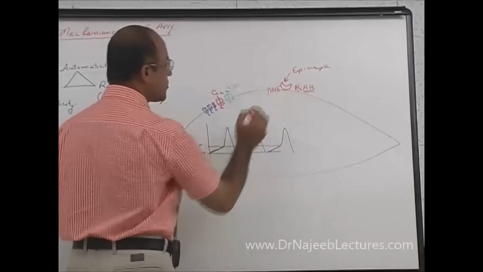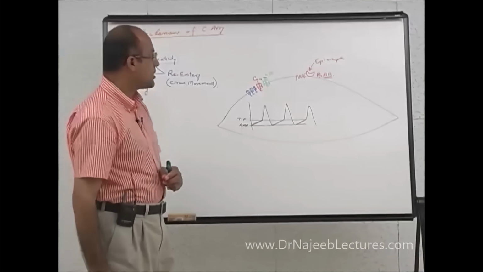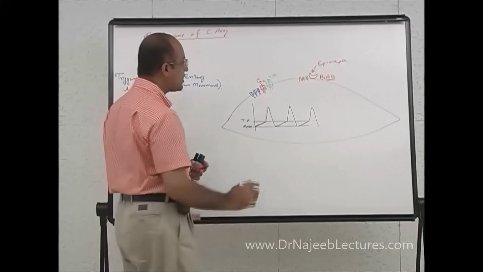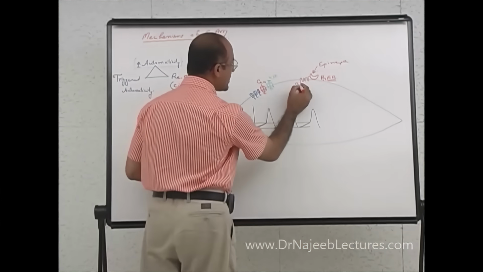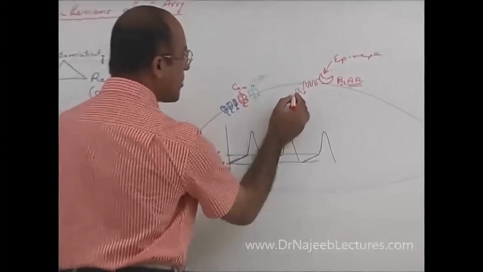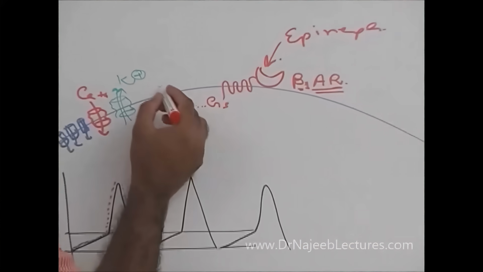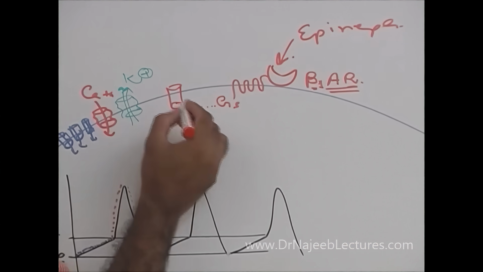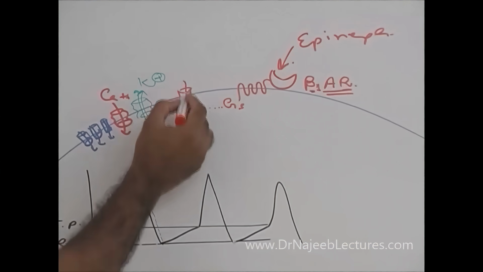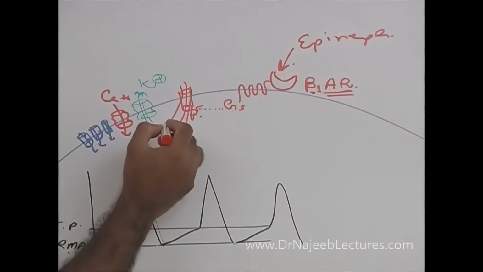So when epinephrine stimulates its beta 1 adrenergic receptors, what really happens is that it stimulates intracellular G stimulatory proteins, which eventually lead to phosphorylation of some additional calcium channels, and additional calcium comes in.